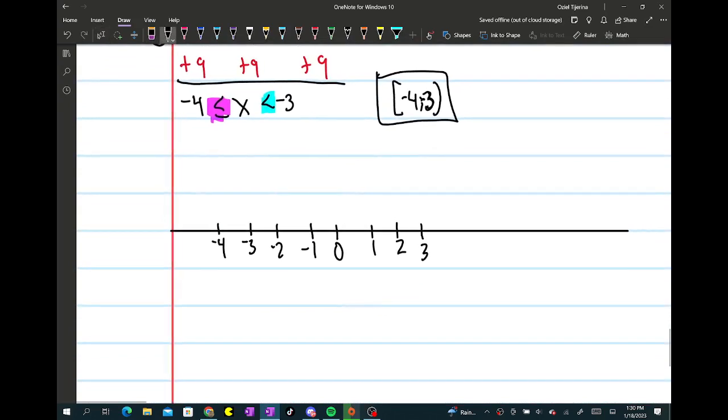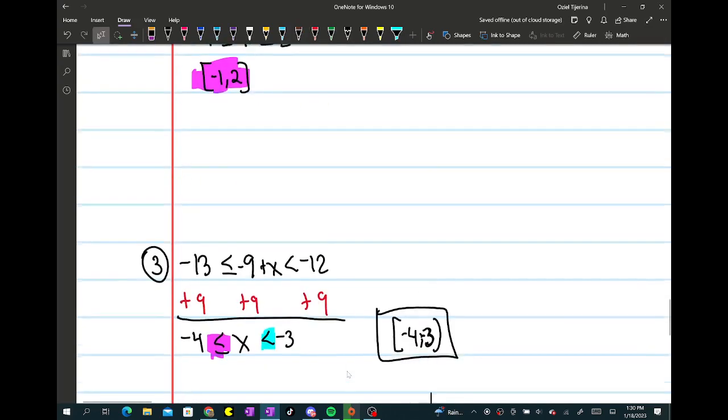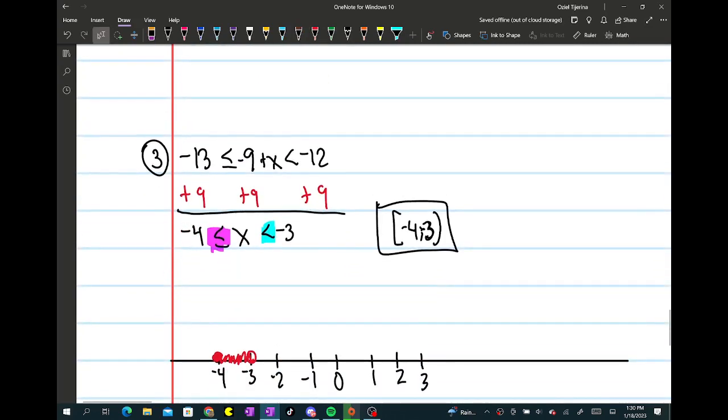So it would look like this. You put a closed dot here and an open dot over here, and shade in between. It would be from -4 to -3. That is how you do that one.